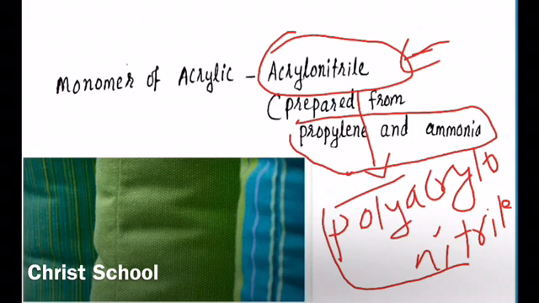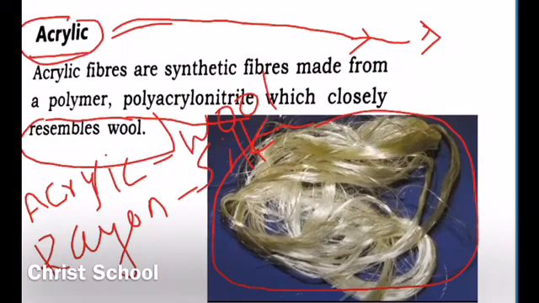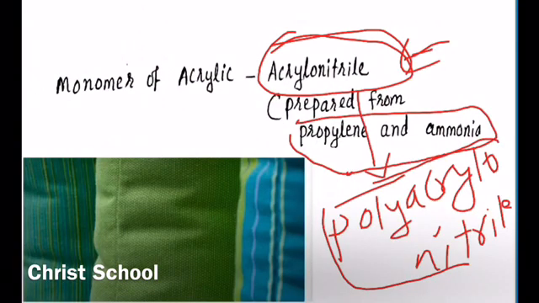They will react and form which monomer? Acrylonitrile. And many acrylonitrile monomers are combined together to form which polymer? Polyacrylonitrile. And the polyacrylonitrile will give the fiber acrylic. This is the polymerization or preparation of acrylic.